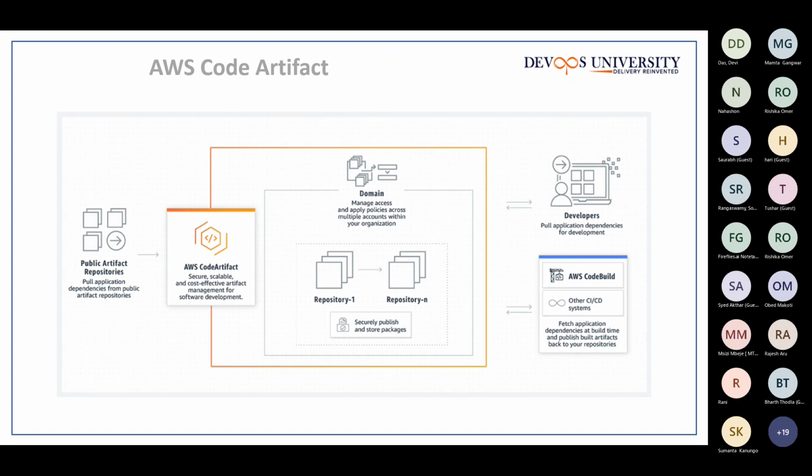So artifacts is something which you can store. If your build process is done, if you are comfortable with the builds and you feel like, okay, the build activity is done there, then after that, what you can do is store your artifacts into the CodeArtifact kind of service over here, and you will be able to get that particular output.